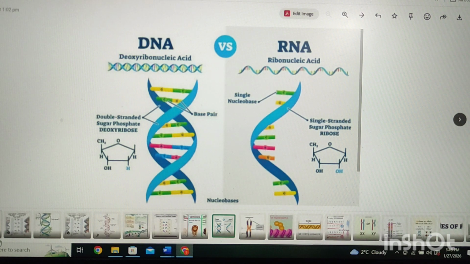I told you that RNA is less stable as compared to DNA. The reason is that RNA has a hydroxyl group at the position of the second carbon. Here we can see the position of the hydroxyl group in the ribose sugar, and DNA doesn't have it.